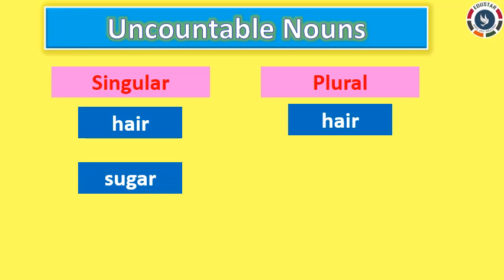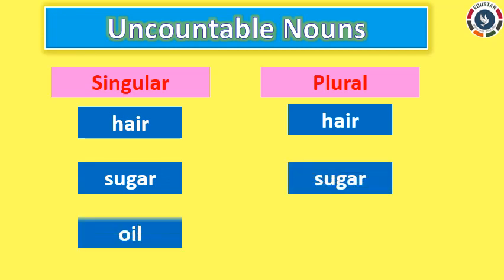Sugar is sugar. The plural of oil is oil. But to count these uncountable nouns, we use measures like kilograms, liters, etc. We have revised about the same in the previous lesson.